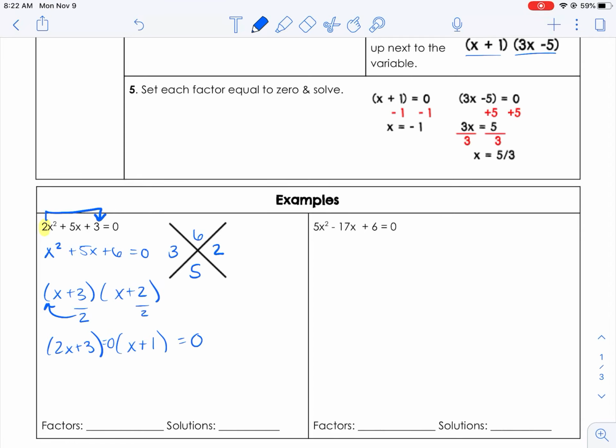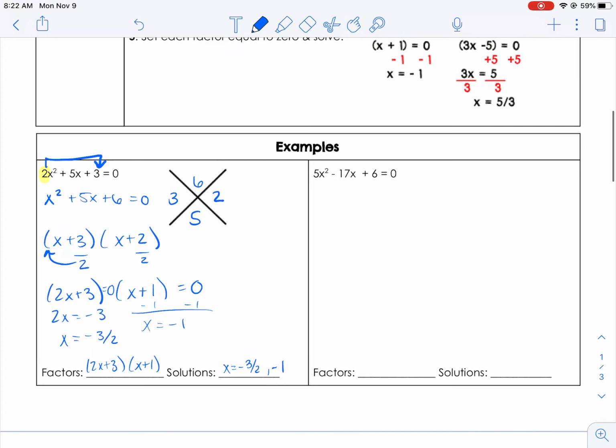So here we're going to subtract 3, so 2x equals -3, divided by 2, x is -3 halves. For this one, we're just going to subtract our 1, so x equals -1. So our factors were 2x plus 3 and x plus 1, and then our solutions, when we set it equal to 0 and solve, were x equals -3 halves and -1.